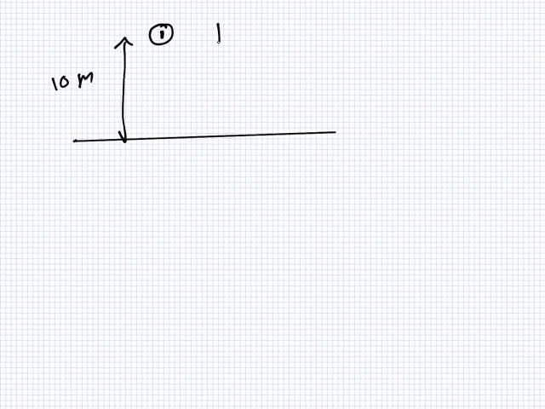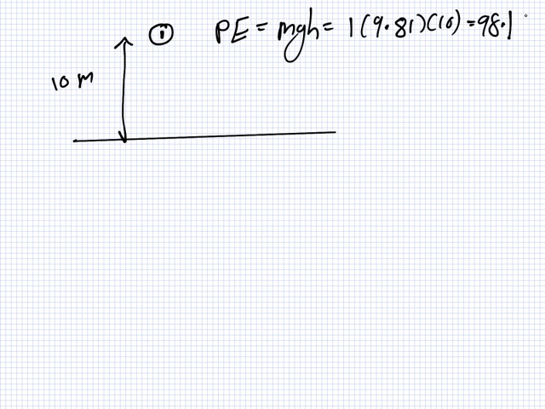It has potential energy here by using the potential energy formula, mgh, that we did last time. We get 1 times 9.81 times 10, which is 98.1 joules. Okay, so this is part A.